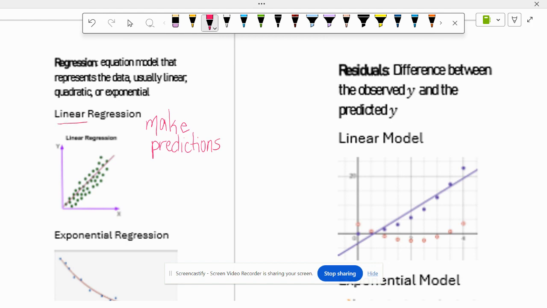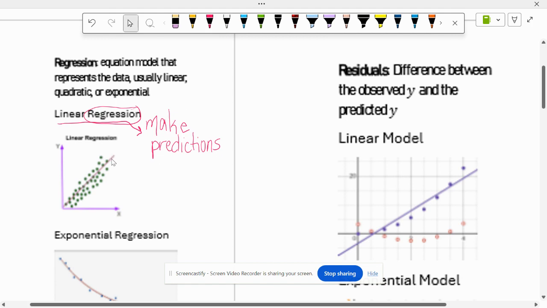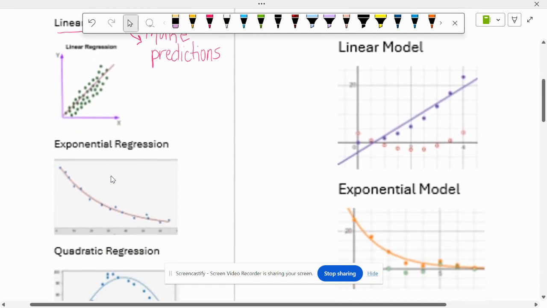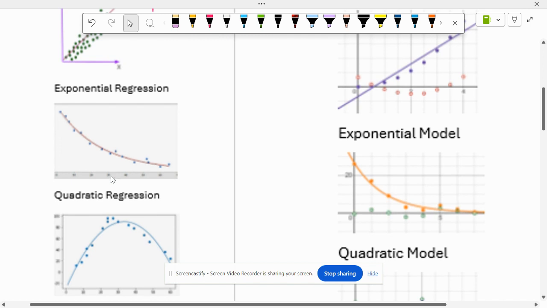We use regression to make predictions about values that aren't on our observed data set. So you have a picture of linear regression, exponential regression, and quadratic regression.